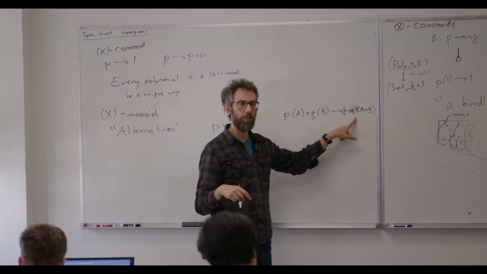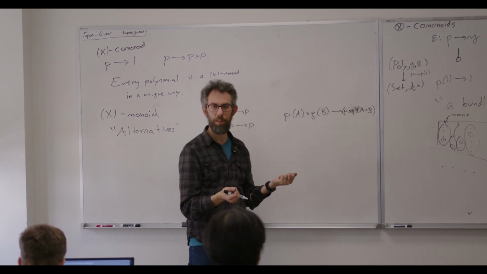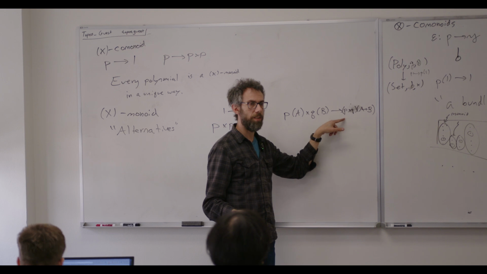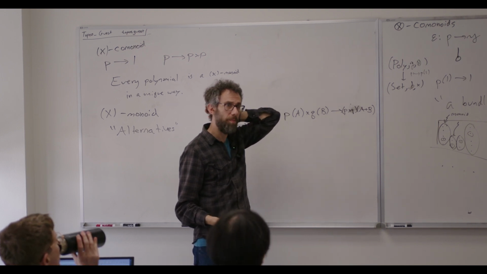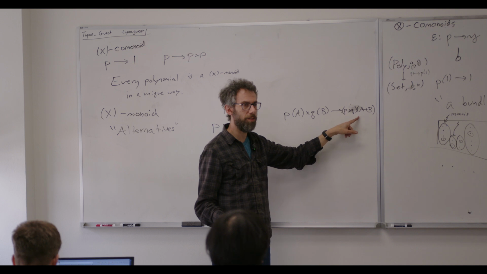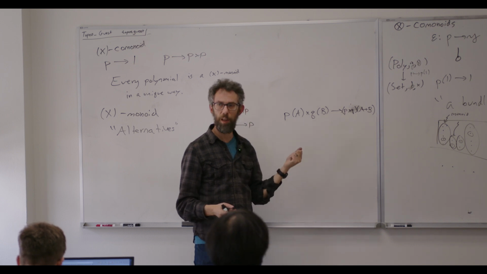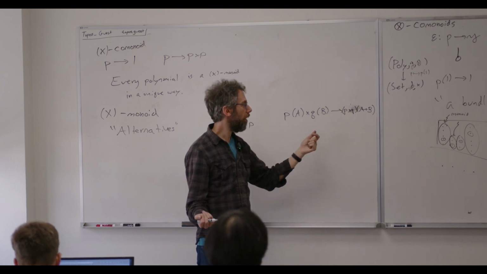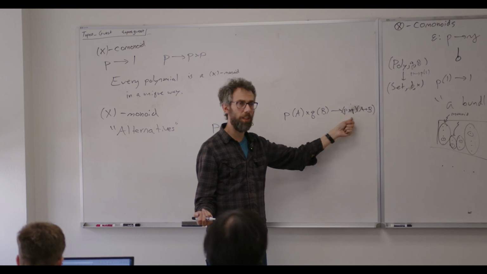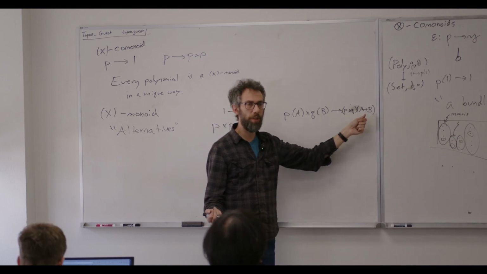Yeah, because for P times Q, the positions are a pair of positions. Okay, what are the directions of P times Q? The sum of the directions of P and the directions of Q. So if I have an element of that sum, it's either a direction of P or a direction of Q. So suppose I give you a direction here. Do you have an element of A plus B?